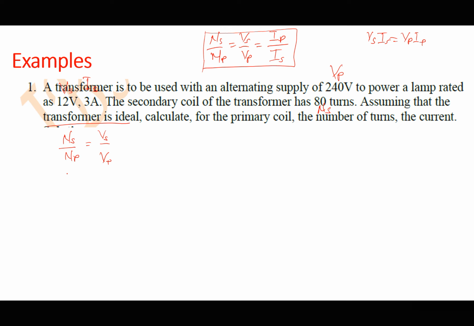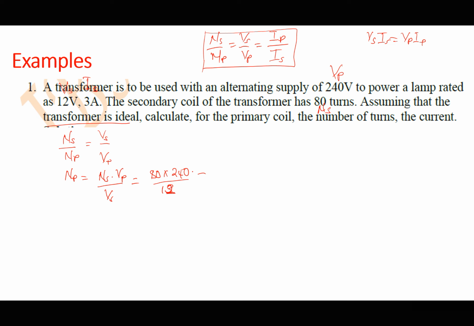So by simple substitution, making the number of turns in the primary the subject, it is going to be the number of turns in the secondary times the voltage in the primary divided by the voltage in the secondary. When I substitute here, I'll have 80 times 240 divided by 12.